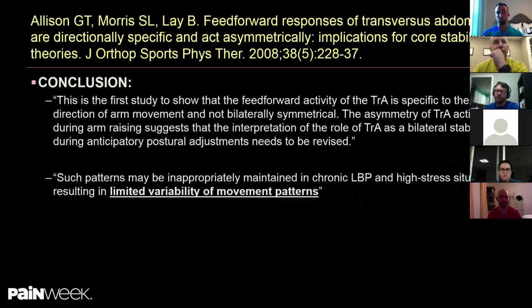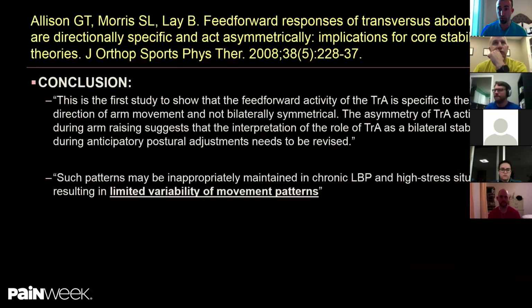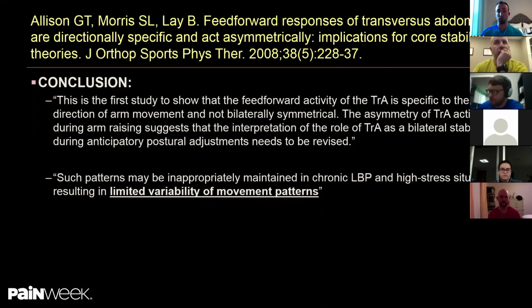So if we start to look at the literature, and we're going to go chronologically, in 2008, Gary Allison did a study about feed-forward responses of the transverse abdominis, and he found out that they're directionally specific and they're asymmetrical, and talked about what implications that might have for core stability.